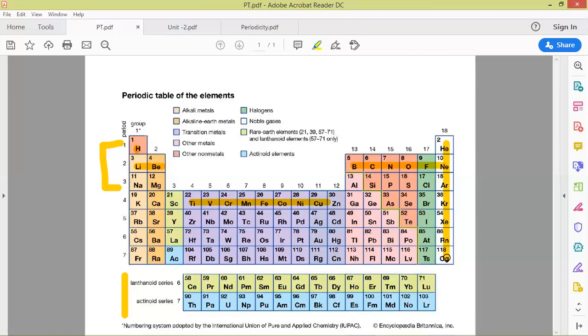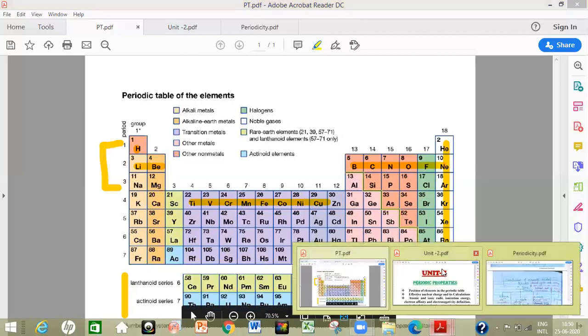Next we have blocks. The whole periodic table has been divided into 4 blocks. The first 2 groups are considered to be part of the s block. They are called s block elements because the last electrons in these groups enter the s subshell, that is, the outer electronic configuration is ns1-2.